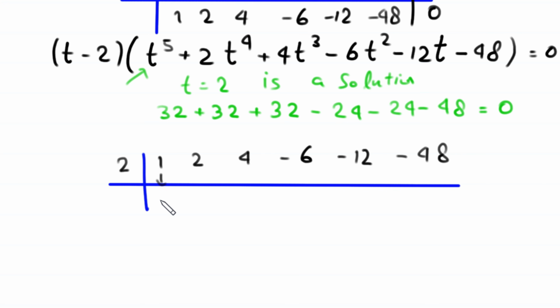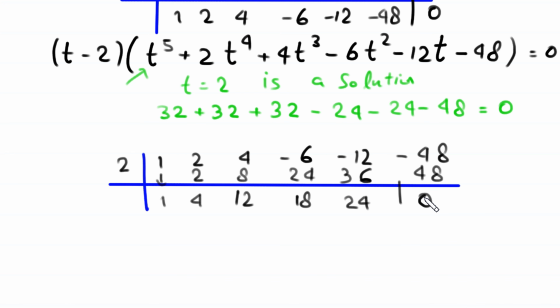This one comes down, and 1 times 2 is 2. 2 plus 2 is 4, 4 times 2 is 8, 8 plus 4 is 12, 12 times 2 is 24, negative 6 plus 24 is 18, 18 times 2 is 36, and negative 12 plus 36 will become 24, 24 times 2 is positive 48. It means that the remainder will be 0.